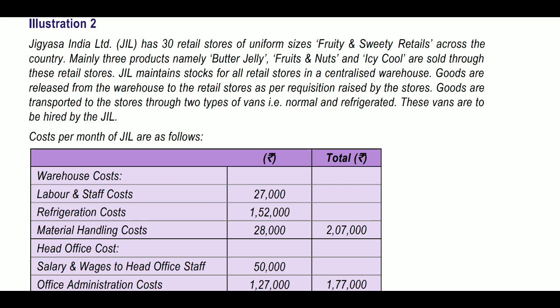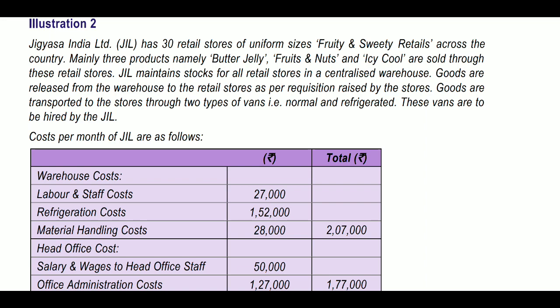Mainly three products are main: butter jelly, fruit nuts, and icy cools. Out of the 30 retails, these 3 products are main, while all stores will sell them.